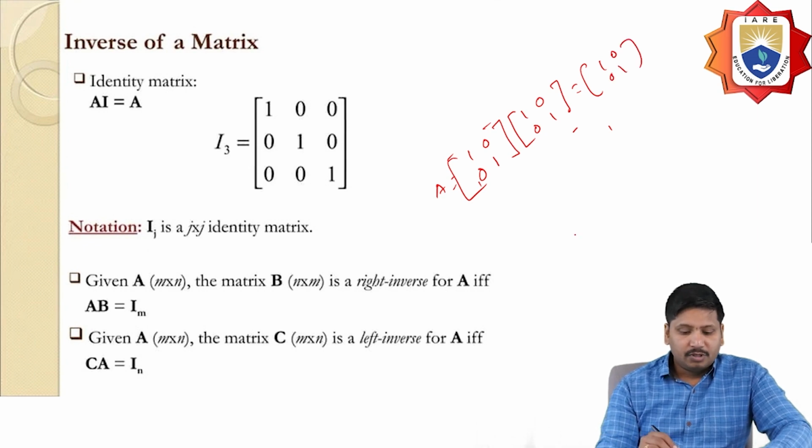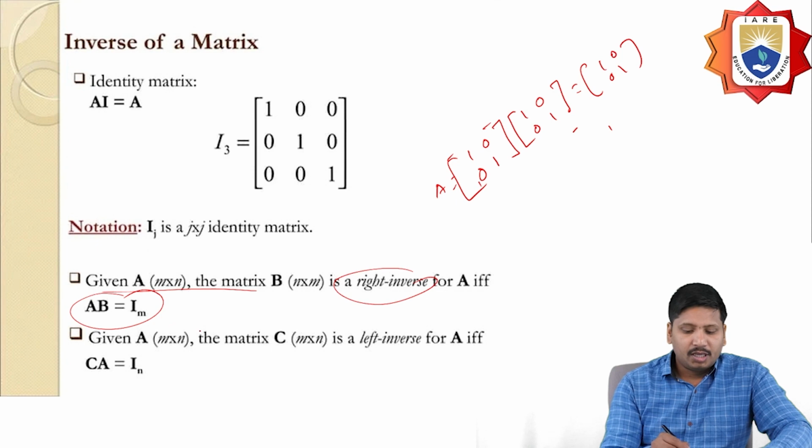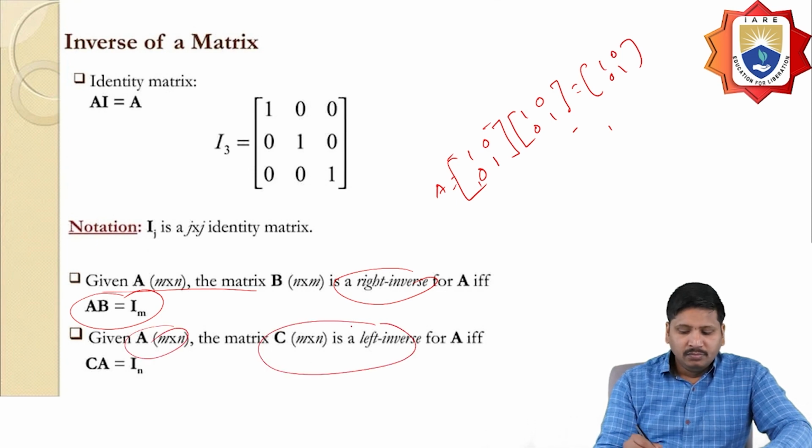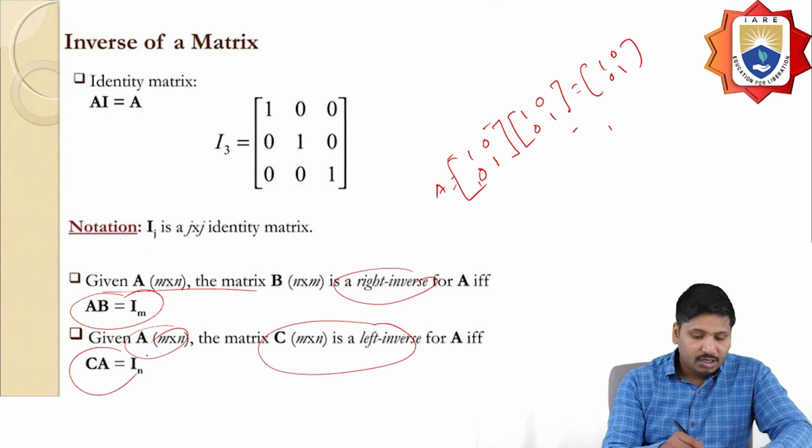In the case of A and B, B is the right inverse of A if and only if AB is equal to I. And similarly, if A is a matrix, C is the left inverse if and only if CA is equal to I.